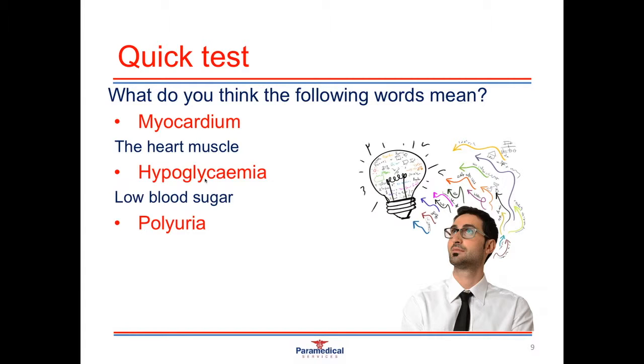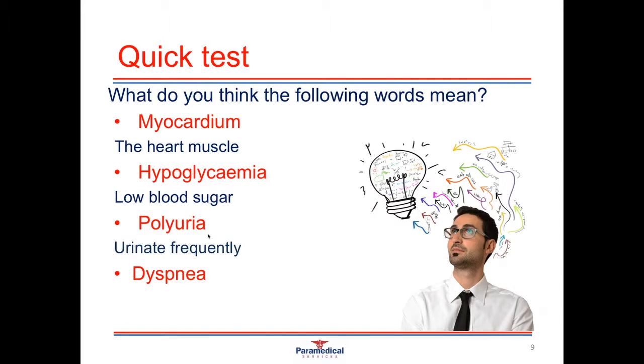The next term is polyuria. Poly is the prefix which pertains to many or a lot of. Uria is the root word meaning urination. So polyuria means to urinate frequently or to urinate a lot.